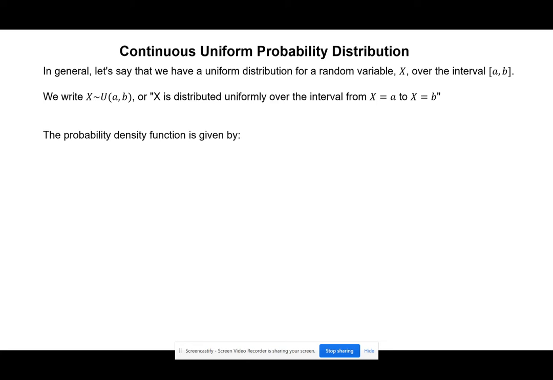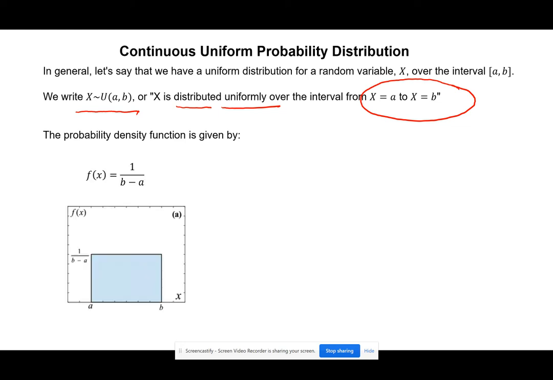So when we have a uniform distribution, this is the notation that we use for it, and we write that as capital X, which always stands for a random variable. The tilde sign means distributed, and the capital U means uniformly. And then we state the interval from the minimum to the maximum. The function itself is given by the formula 1 over the max minus the min.